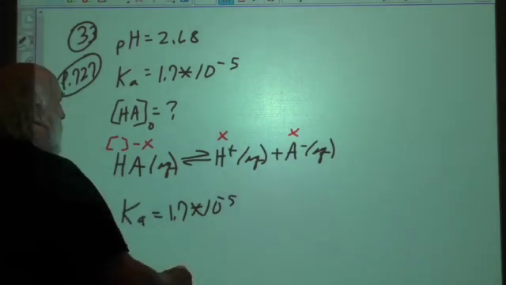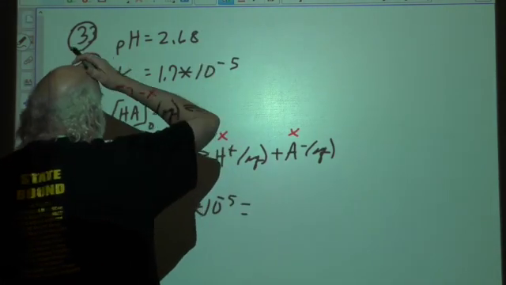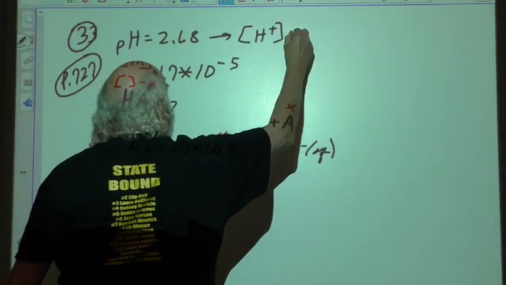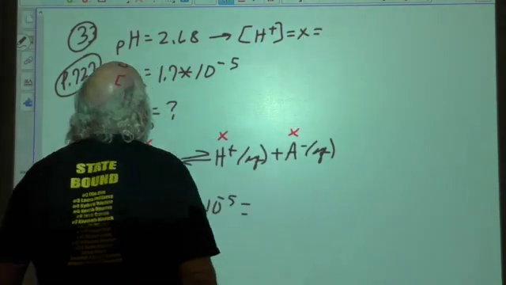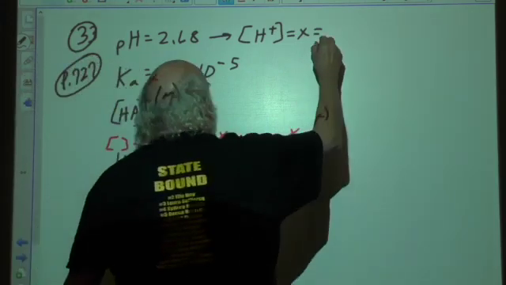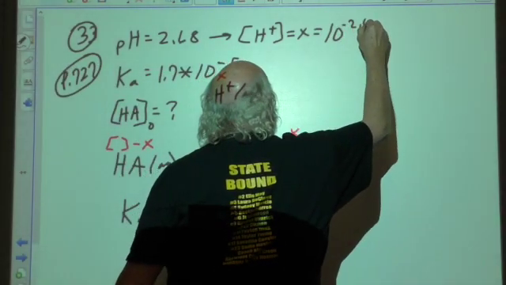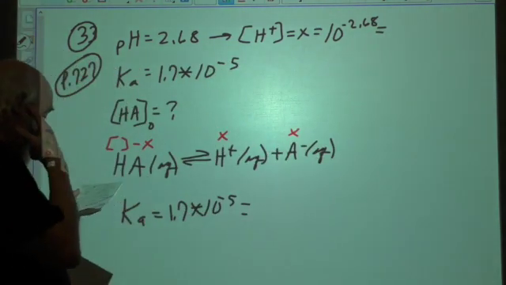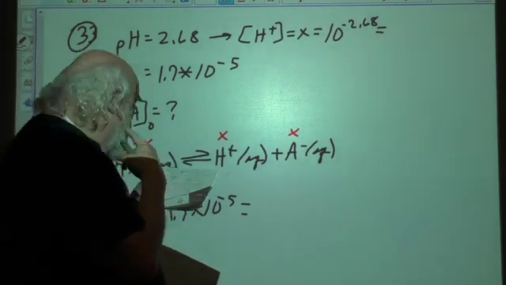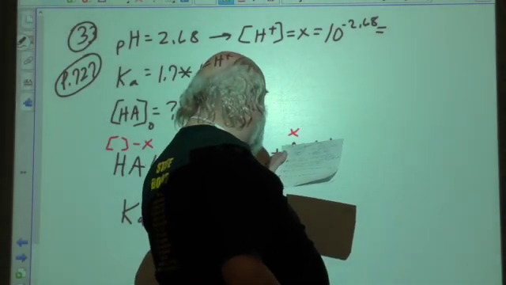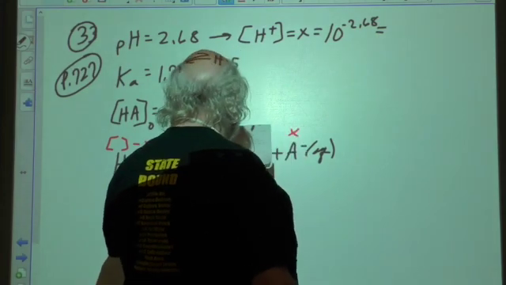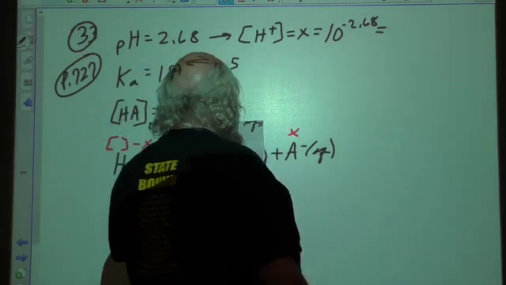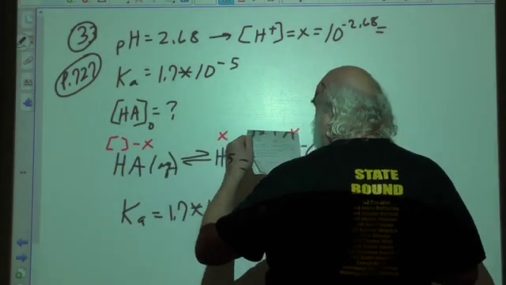This is going to give us, well, if the pH is 2.68, then I can find the H positive concentration, which is our x, and that's going to be 10 to the negative 2.68 power. So you hit 10 caret negative 2.68 on your calculator, and you get 2.09. That doesn't sound right.